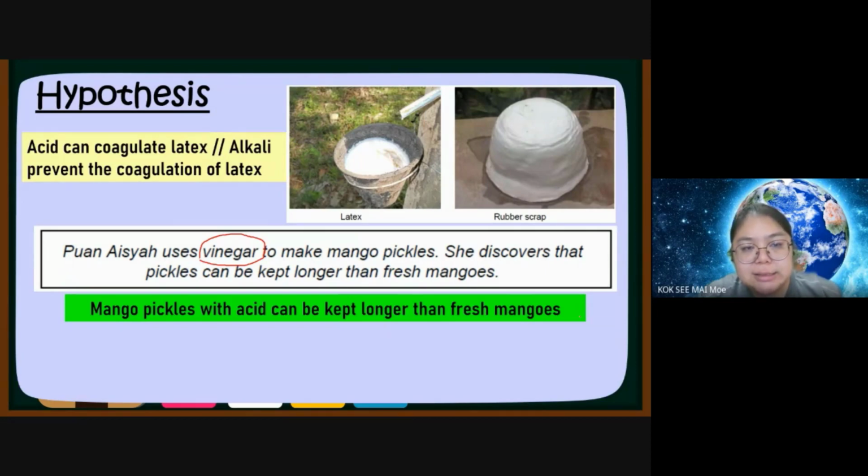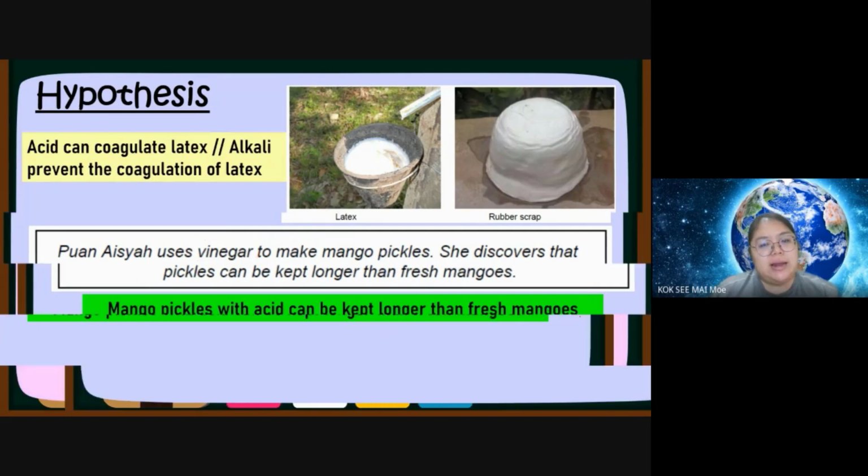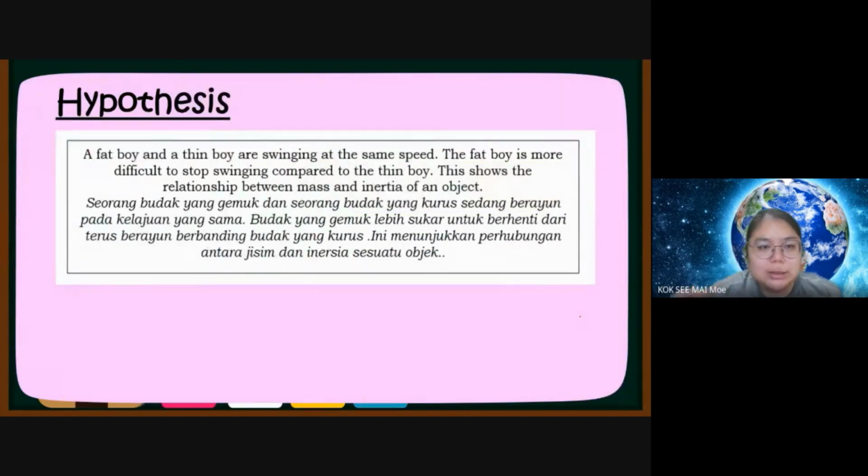Okay, so you can see what the differences are for the hypothesis. Some we can compare, some cannot compare. Okay, we give you another one. This one is one of the questions also. A fat boy and a thin boy are swinging at the same speed. The fat boy is more difficult to stop swinging compared to the thin boy.